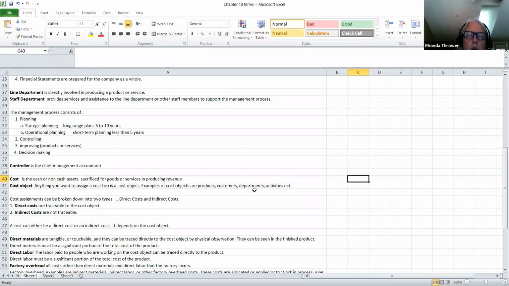We might be interested in knowing what all the costs of a particular department are, and that department would be considered the cost object. It's anything that you want to assign a cost to. And we could also assign cost to certain activities, such as setting up machinery or setting up procedures to produce the product.